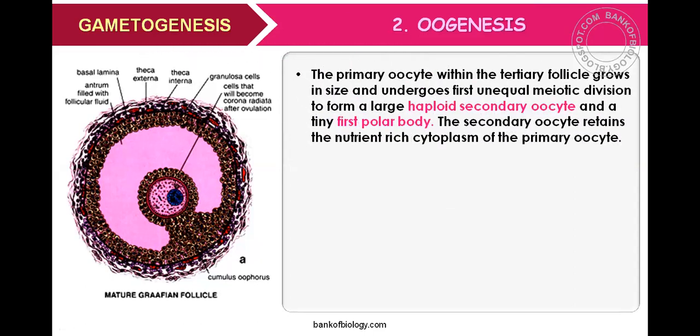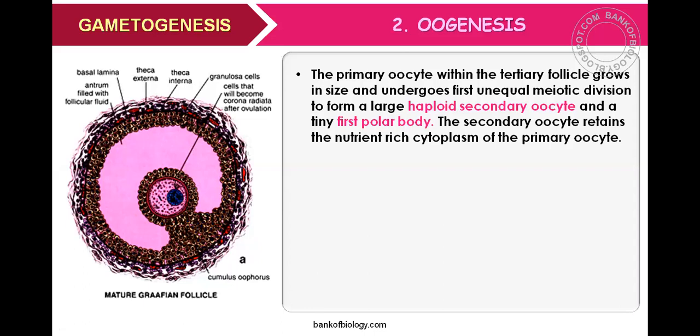So the primary oocyte within the tertiary follicle grows in size and undergoes first unequal meiotic division. ऐसा दिया देखो बेटा एनसीईआरटी में. Within the tertiary follicle grows in size and undergo first unequal meiotic division to form a large haploid secondary oocyte. But we can say here these are the parallel events.